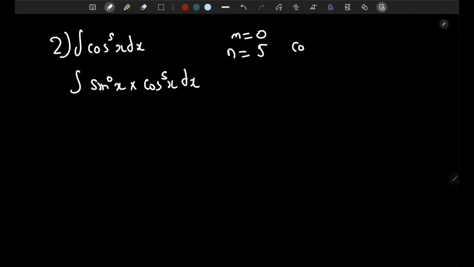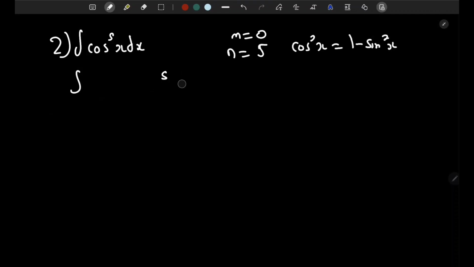and the formula that we're going to use is cosine squared x is equal to 1 minus sine squared x. And here we can break down cosine to the power of 5 x into, I'm going to ignore the sine to the power of 0 here.